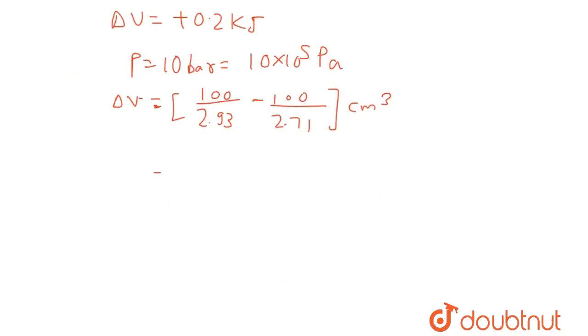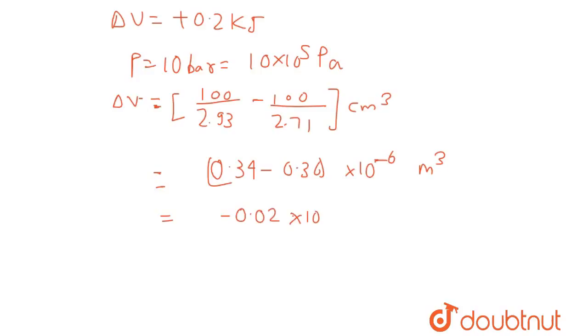On further simplification, we can write this as 0.34 minus 0.36 into 10 raised to minus 6 in meter cubes in SI units. So this will be minus 0.02 into 10 raised to minus 6 meter cube.